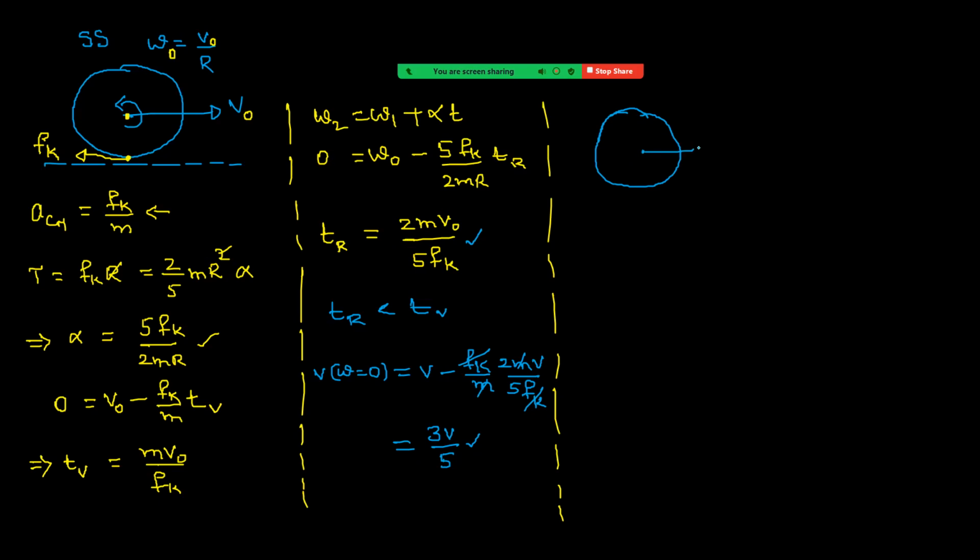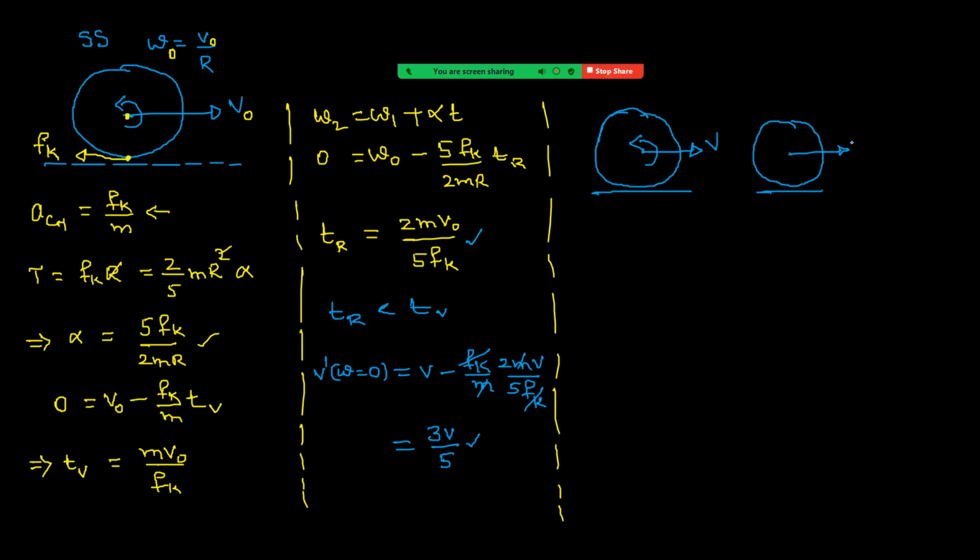Initially given v, and omega is equal to v by R. After some time, having only translation and no rotation, let us take this velocity as v dash.